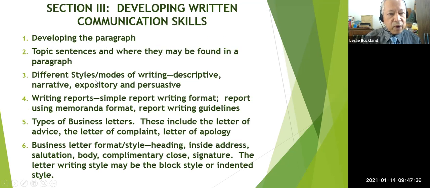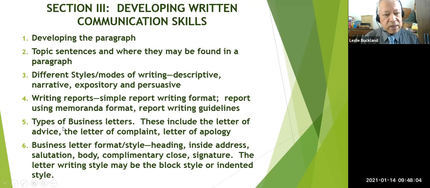Number 3, we will look at different styles or modes of writing, whether it is descriptive, narrative, expository, and persuasive. Number 4, we will look at writing reports, such as a simple report writing format, or a report using memoranda format, and report writing guidelines.